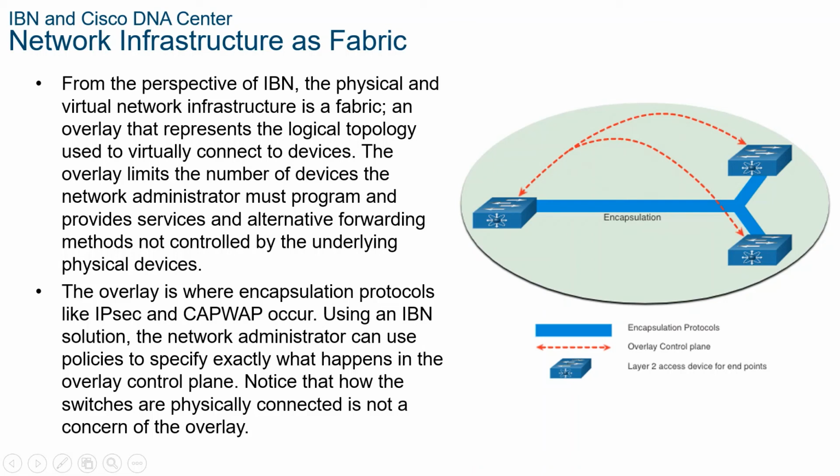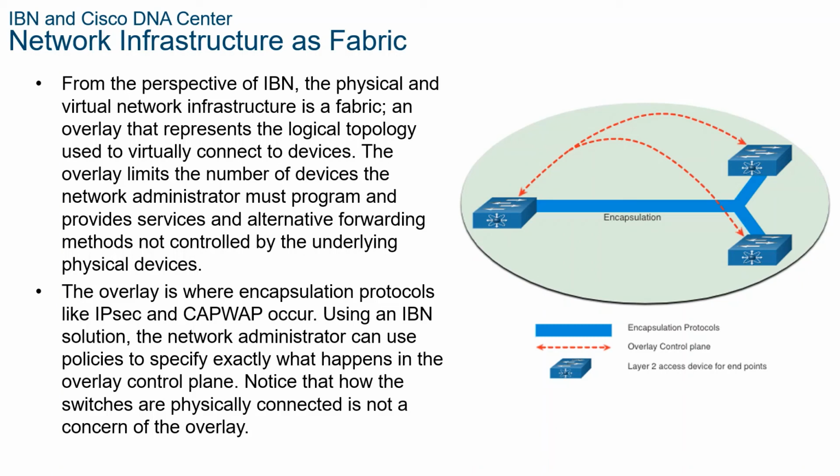The overlay limits the number of devices the network administrator must program. It also provides services and alternative forwarding methods not controlled by the underlying physical devices. For example, the overlay is where the encapsulation protocols like IP or IPsec, and control and provisioning of wireless access points (CAPWAP) occur.